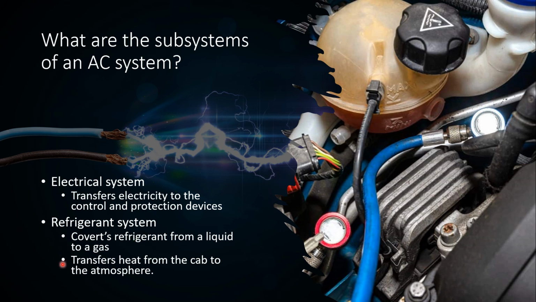It's also the primary system that transfers the heat from the cab to the atmosphere. One thing we have to understand about both of these systems: if we're going to diagnose an AC problem, then we have to figure out what system has failed. Is it the electrical system or is it the refrigerant system?